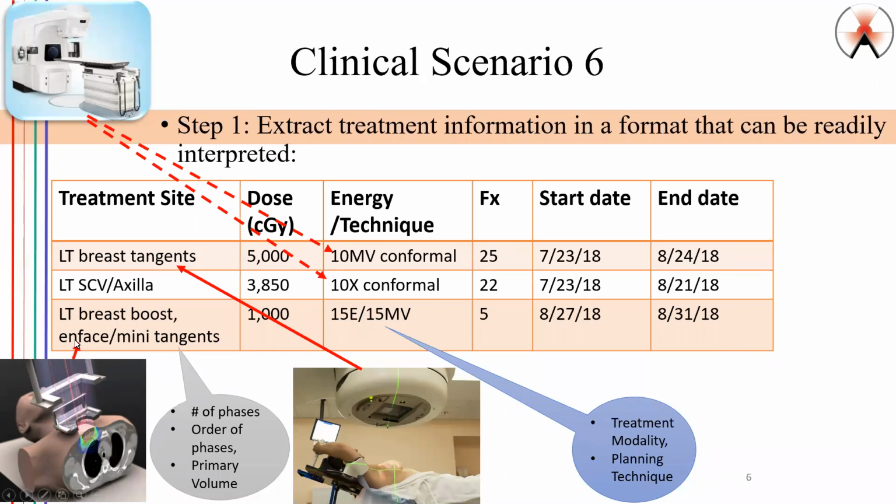This is electron, this is photon, this is electron, E for electrons. And anytime we have NV or X, it tells me that it was photons, in the photon mode. And that gives me the information that I need to code the planning modality.